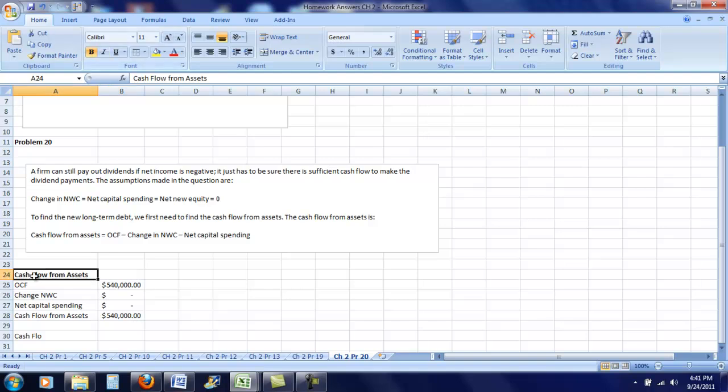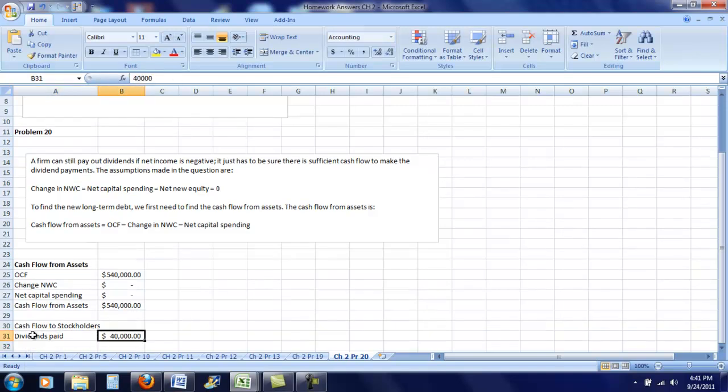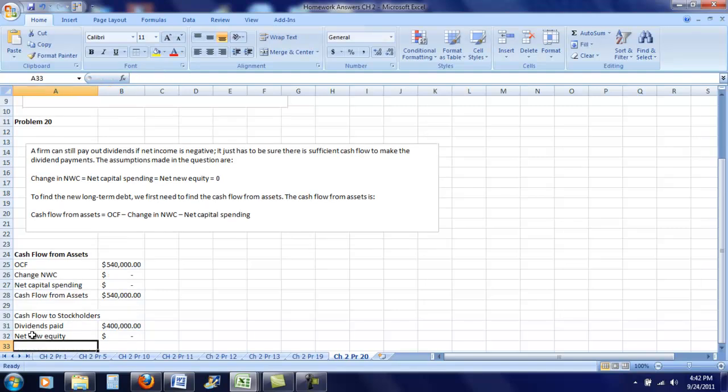So our cash flow to stockholders equals dividends paid, which we want to pay $400,000, minus net new equity, which was stated to be 0. So our cash flow to stockholders equals our dividends paid.